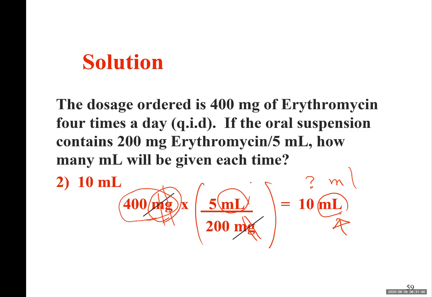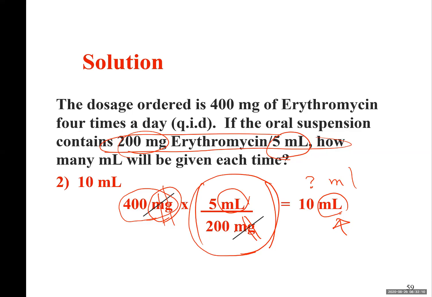And then I read the problem and find the equality between milliliter and milligram as a conversion factor. This is the information the problem is giving you. Every 5 ml contains 200 milligrams, or every 200 milligrams can be found in 5 ml. So this is the unit conversion factor, which can cancel milligram and convert to milliliter.